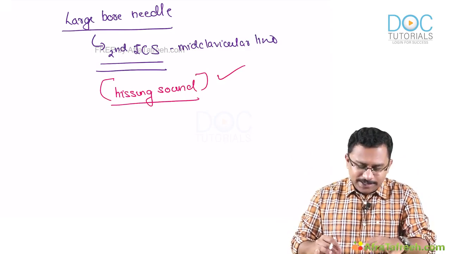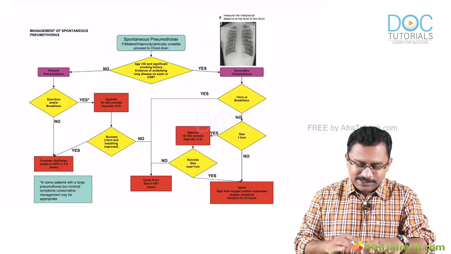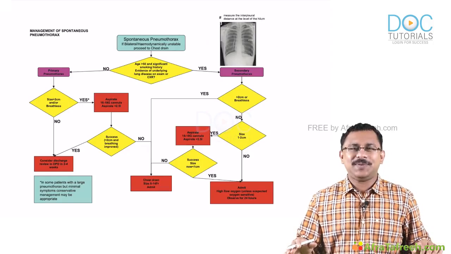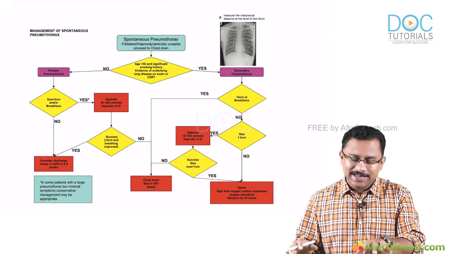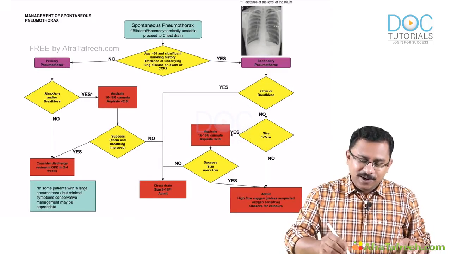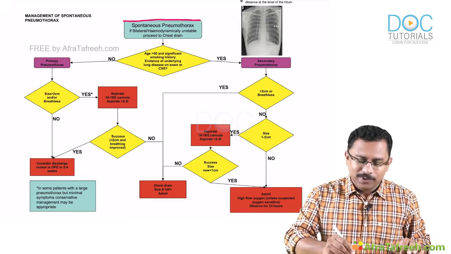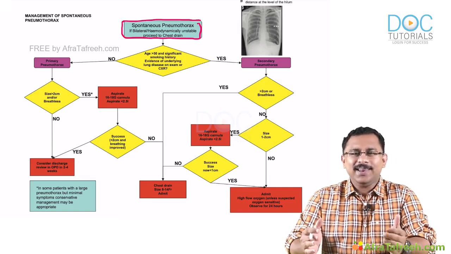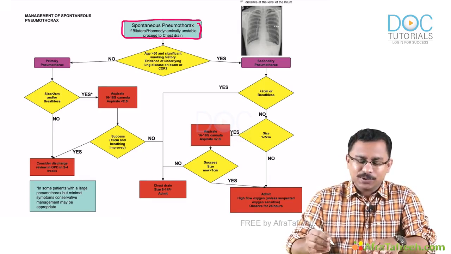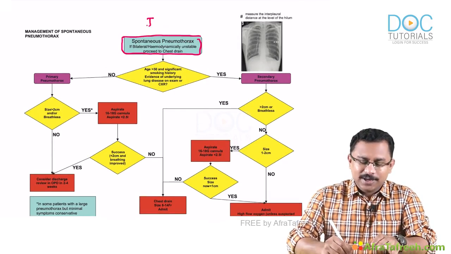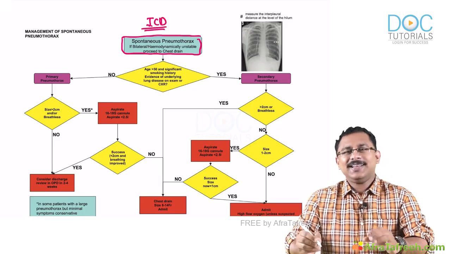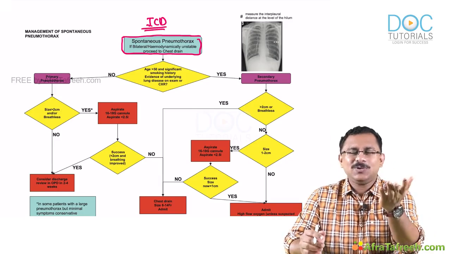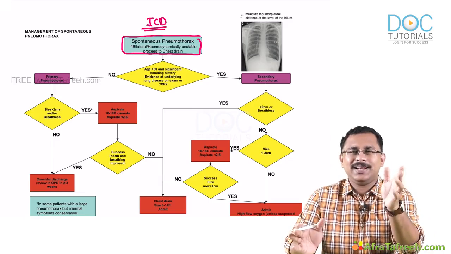Now I'll take your attention to the guidelines. I have taken exactly the same picture, the flow chart, from the British Thoracic Society guidelines. First of all, if the patient is hemodynamically very unstable, you can proceed to a chest drain, that is, intercostal drainage. That is when the patient has come with probably a tension pneumothorax and is very much hemodynamically unstable.